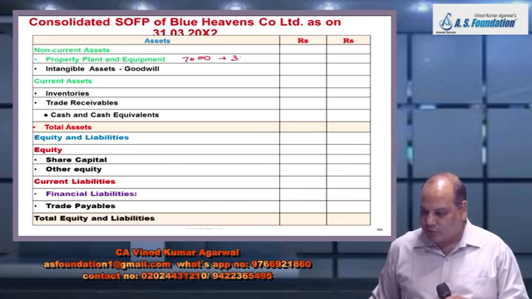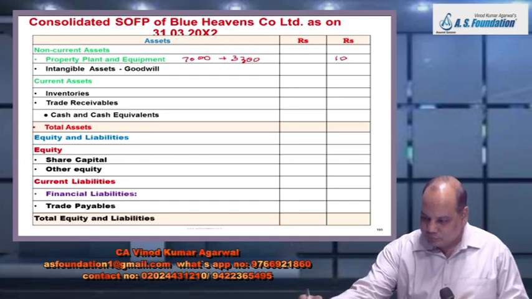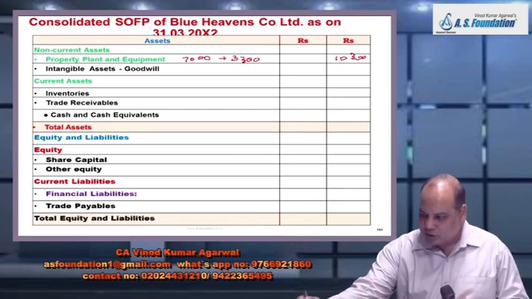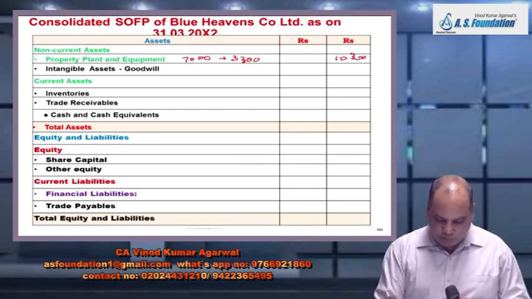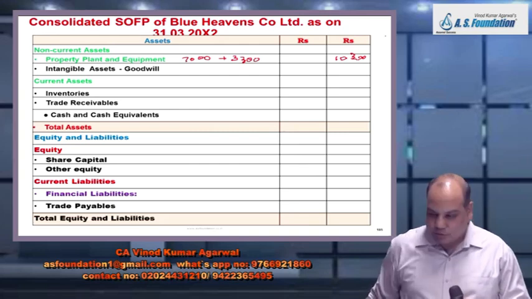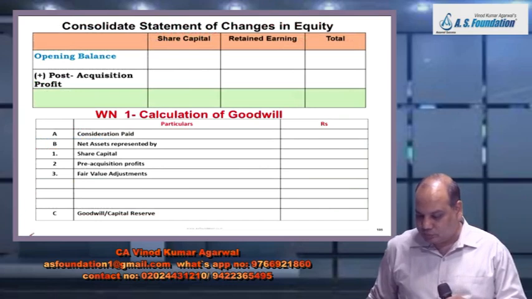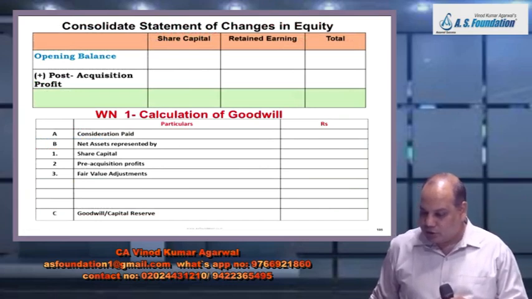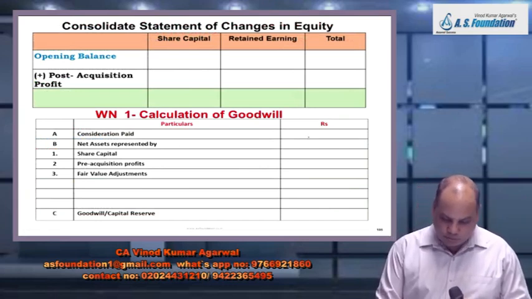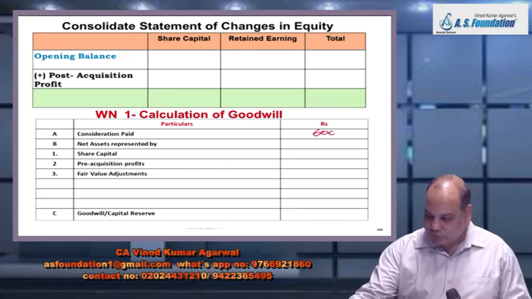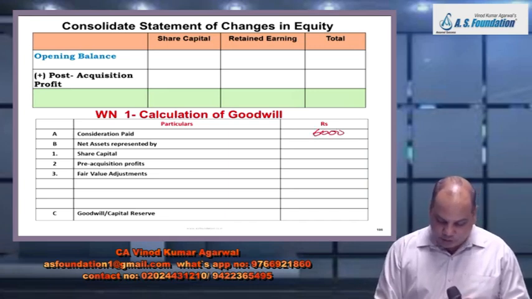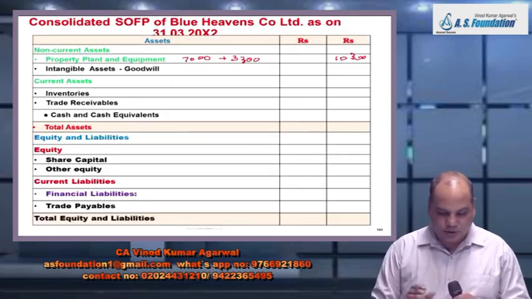So how much are you getting? 10,300. Then continue. You have investment in Orange County Limited. This you will write in goodwill calculation. Consideration paid is 6,000.